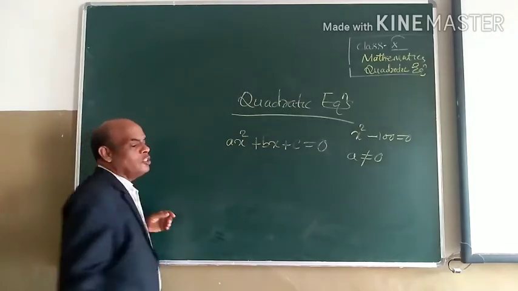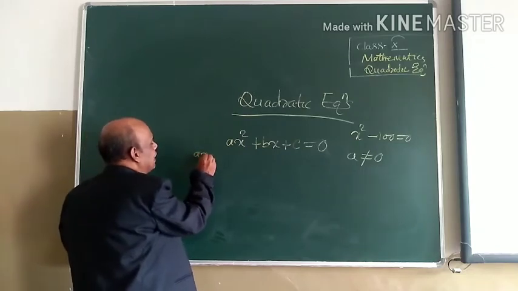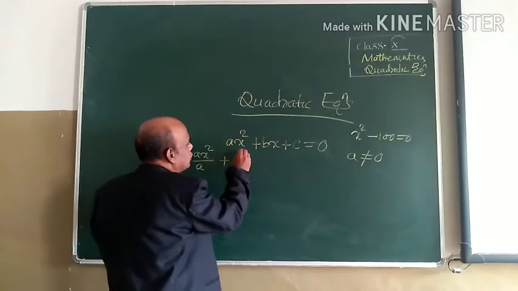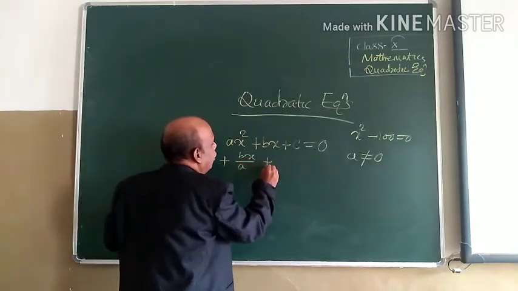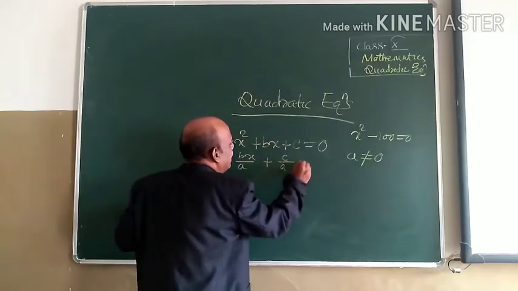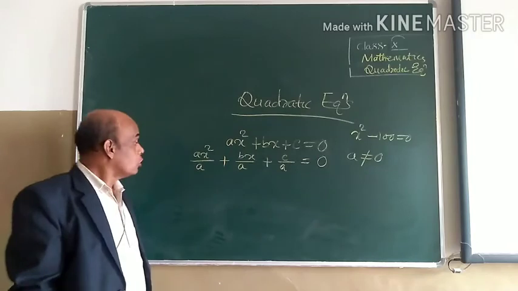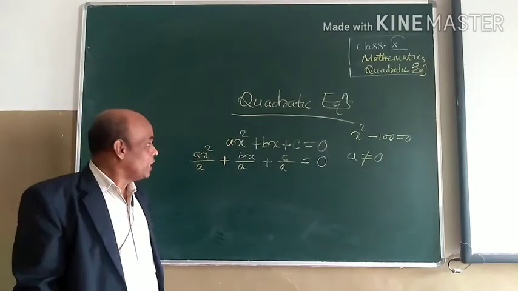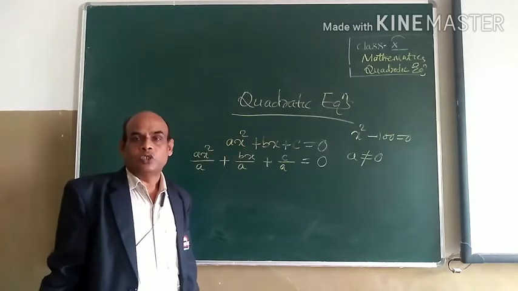So divide the whole equation by a. So what will I write? Ax square by a plus bx by a plus c by a is equal to 0 by a, that is 0. The question arises, why did I divide by a? Because the x square coefficient is a.